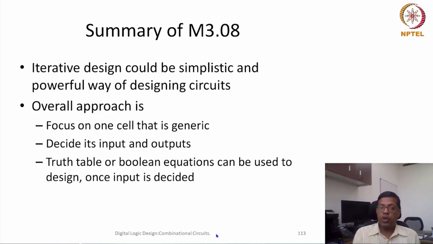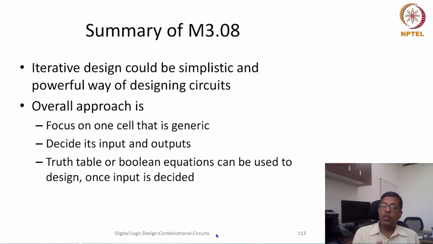So for example, in today's lecture, our sequence detector has input ci and ci plus 1. The semantics of ci and ci plus 1 we have identified ourselves. We said that ci will be 2-bit, ci plus 1 will also be 2-bit, and this is the meaning of 00, 01, 10 and 11 in case of the sequence detector.